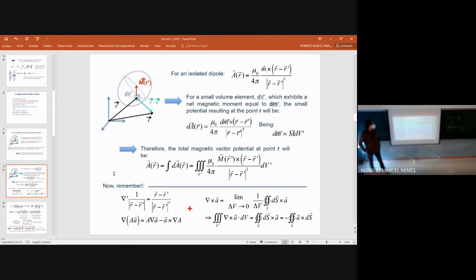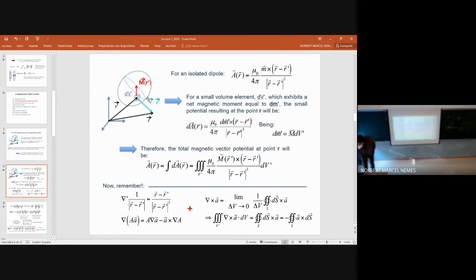It creates a vector potential that has to do with the magnetic dipole moment, m, or dm when we talk about the small one, the direction vector, and the square distance. Again, the distance is cubed because instead of the unit vector of direction, we use the full vector of direction. But it's a square law, just like Coulomb's law. So that's what creates the dA here.